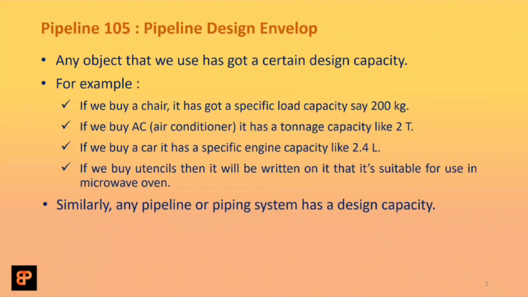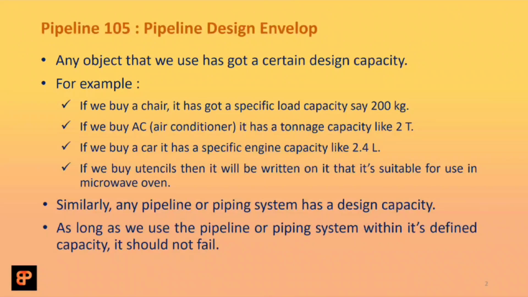Similarly, any piping system or any process facility or oil and gas facility will have its design capacity. You decide the design capacity first and then design the system for that desired capacity, and as long as you operate the system within that design capacity, you should not see any failures.